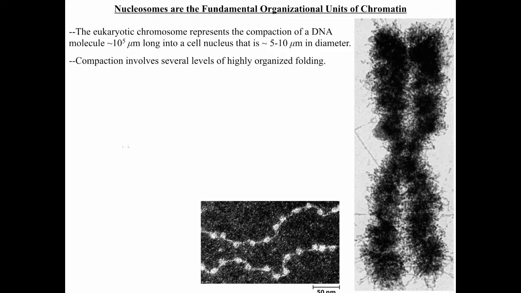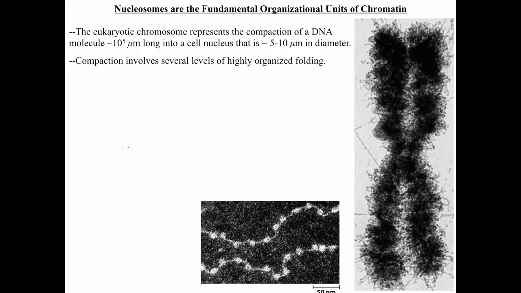Again, this repeats what I just described: the eukaryotic chromosome allows the cell to compact a DNA molecule that's about 10 to the 5th microns long into a nucleus that's 5 or 10 microns in diameter.